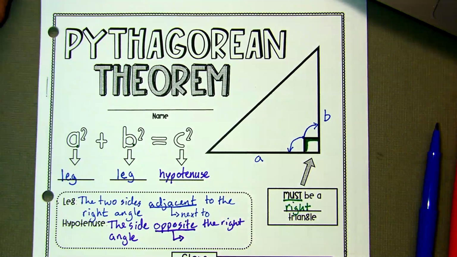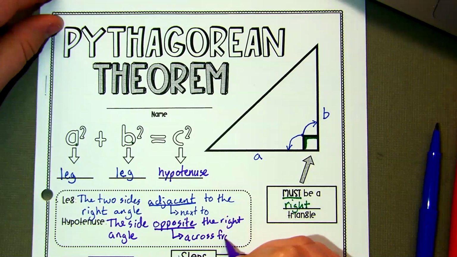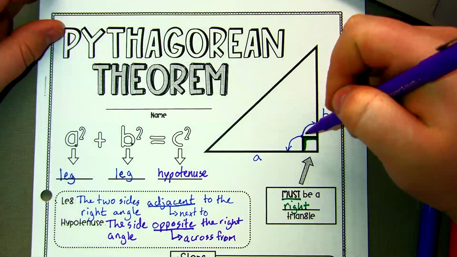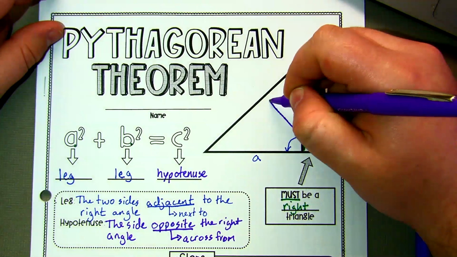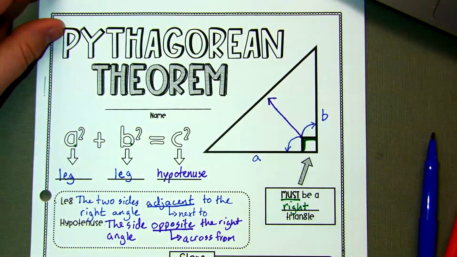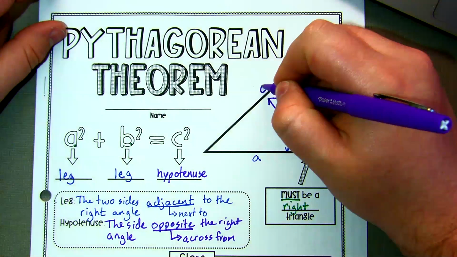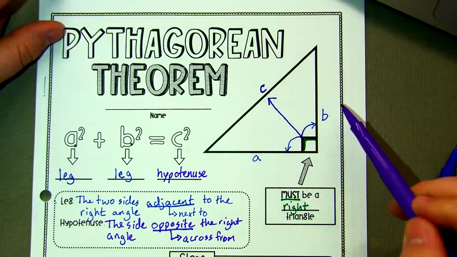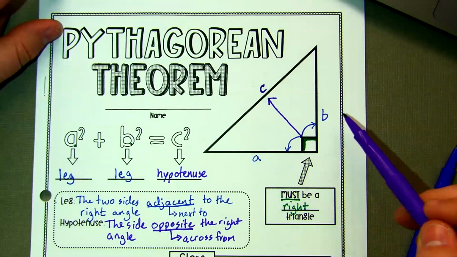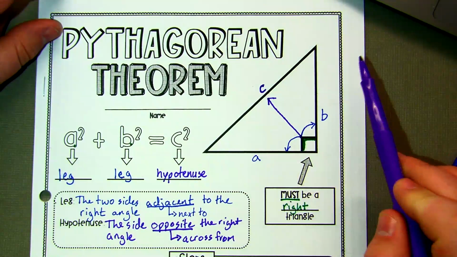Opposite means across from. So when we're looking at our figure, across from the right angle goes that way. And we can label that side C. The important thing here is that A and B can flip around, but C will always be on this side 100% of the time.